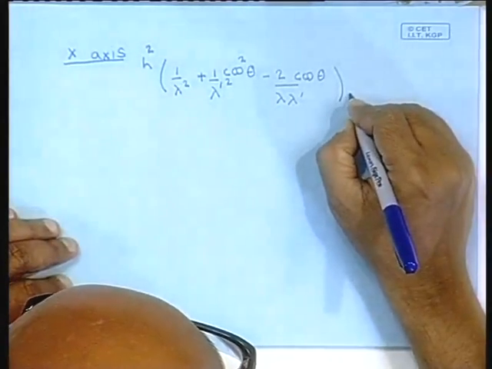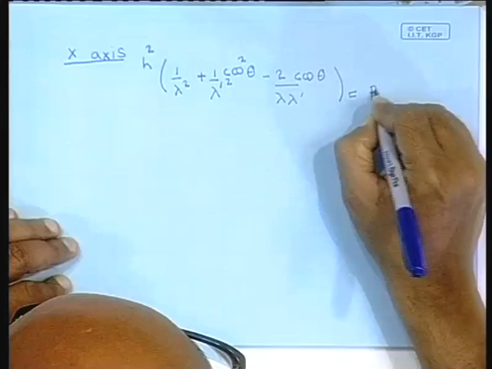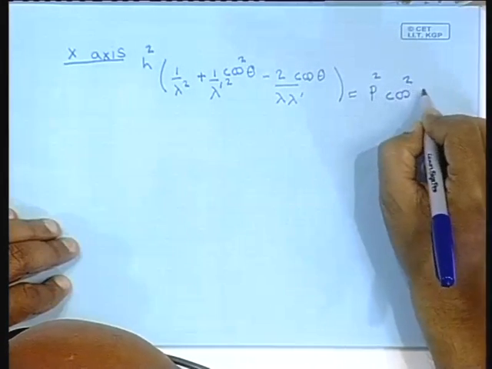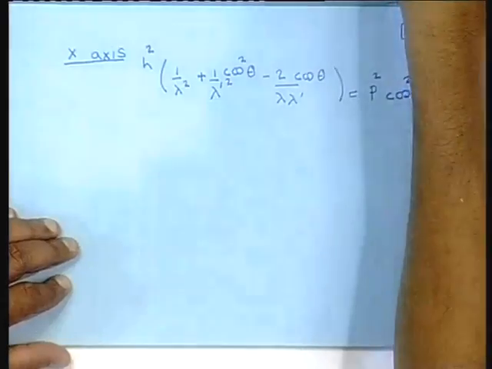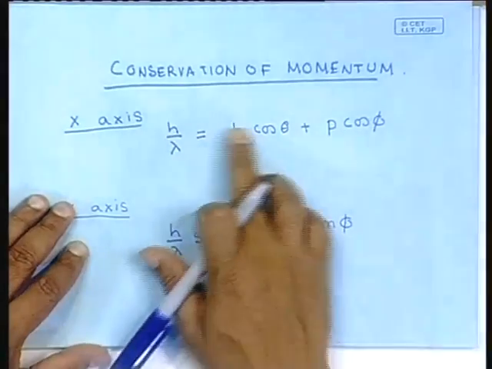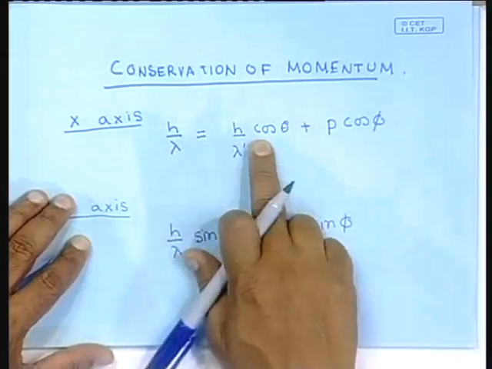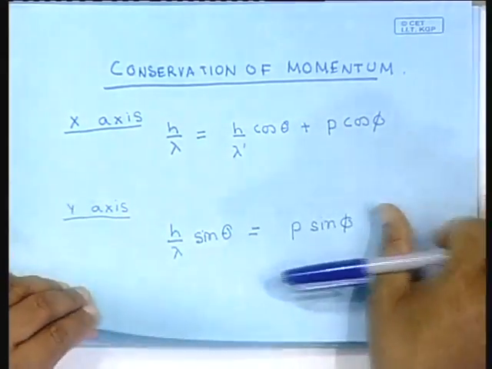This is equal to p square cos square phi. So, let me remind you again, I have taken this on the left hand side and just squared this. So, I have the square of this, and the cross product.